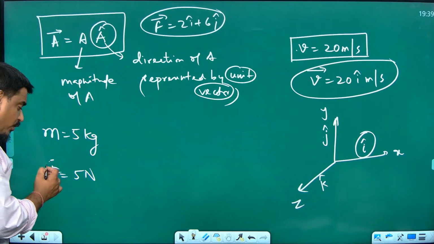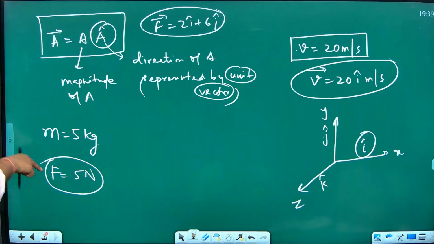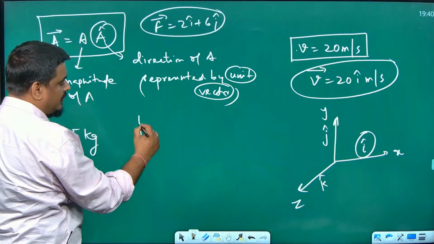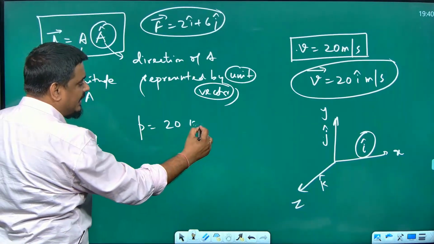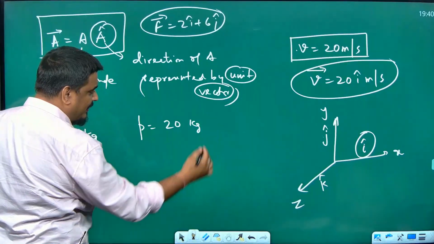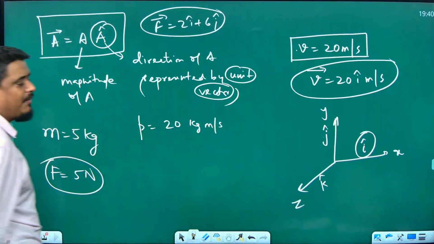Because even though force is a vector quantity, here I am not representing it in vector form. I am just representing the scalar form of force, that is magnitude of force. I hope you get my point. So if I am writing here momentum is equal to 20 kg meter per second, how will you read it? Magnitude of momentum is 20 kilogram meter per second.